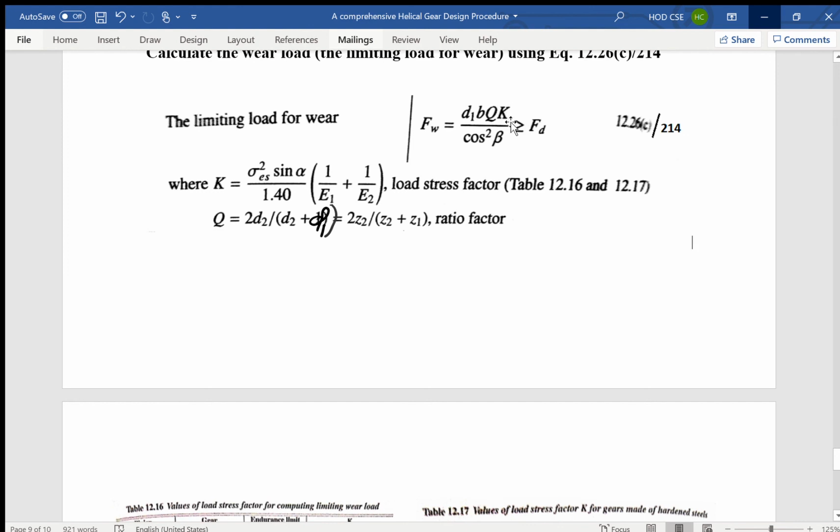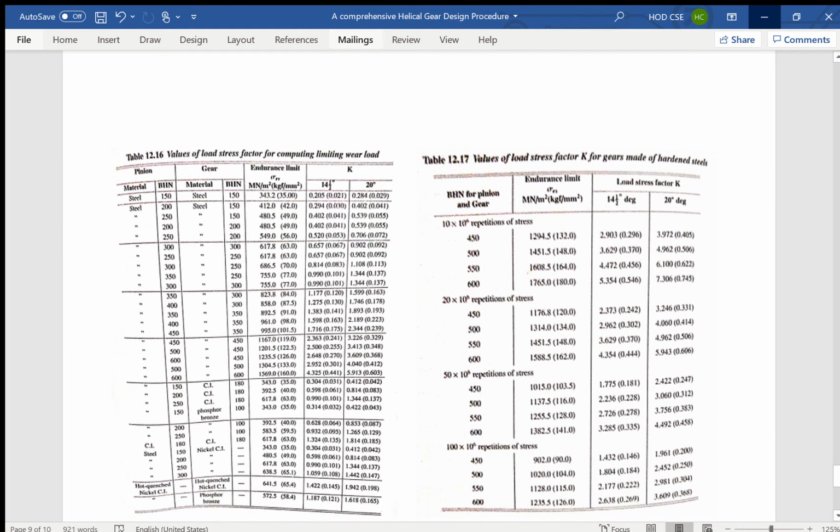If we don't know the K value, then we need to equate FW to FD. Knowing all these D1, B and Q, we can find out the K value. After knowing the K value, by referring to this table, based on the pressure angle 14.5 degree and 20 degree, we can arrive at the required surface hardness, that is BHN, Brinell hardness number.